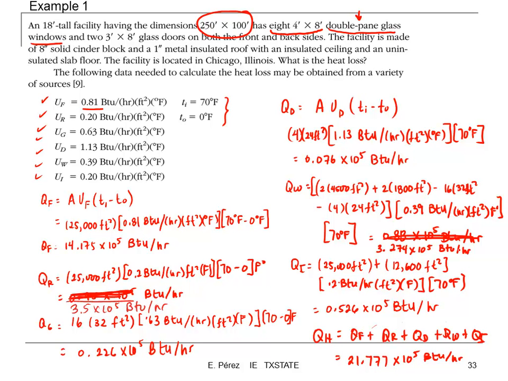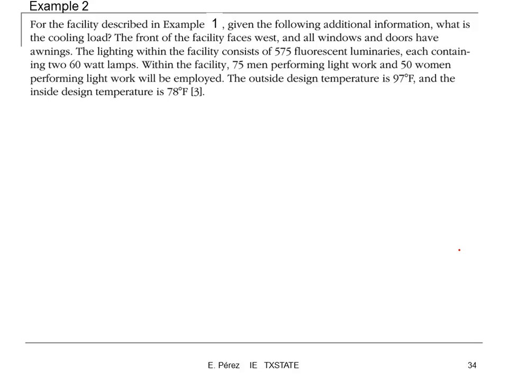So now we're going to discuss an example for the cooling requirements. We're going to use the same facility that we described on the first example, but we have some additional information to compute the cooling load. We have some information in terms of the sun location. The front of the facility faces west, and all the windows and doors have awnings.